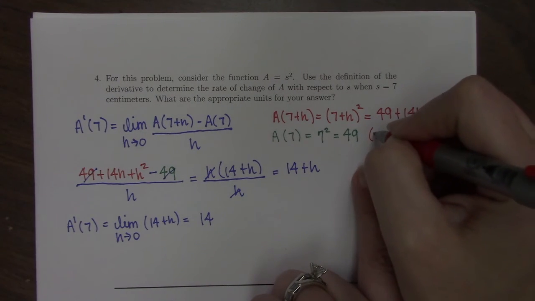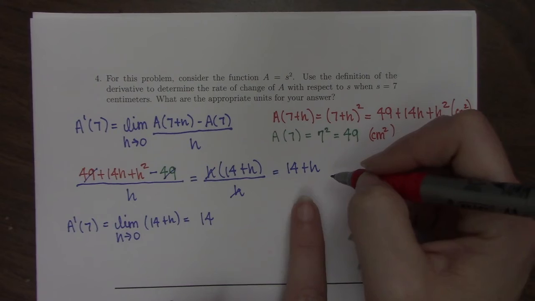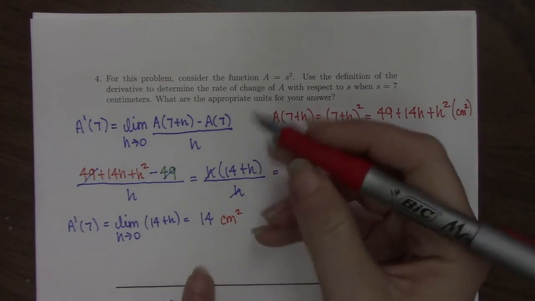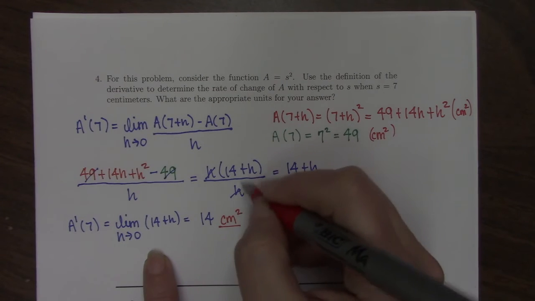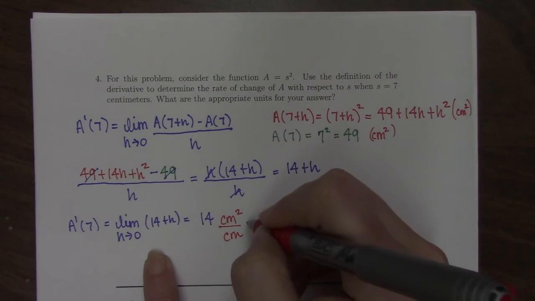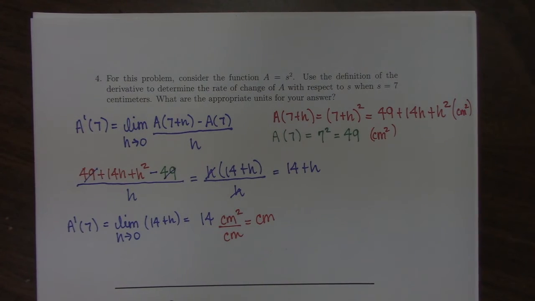This is in centimeters squared. So when I compute the difference quotient, the numerator is in centimeters squared, and the denominator, h, is measured in centimeters. So this actually simplifies to just be centimeters.